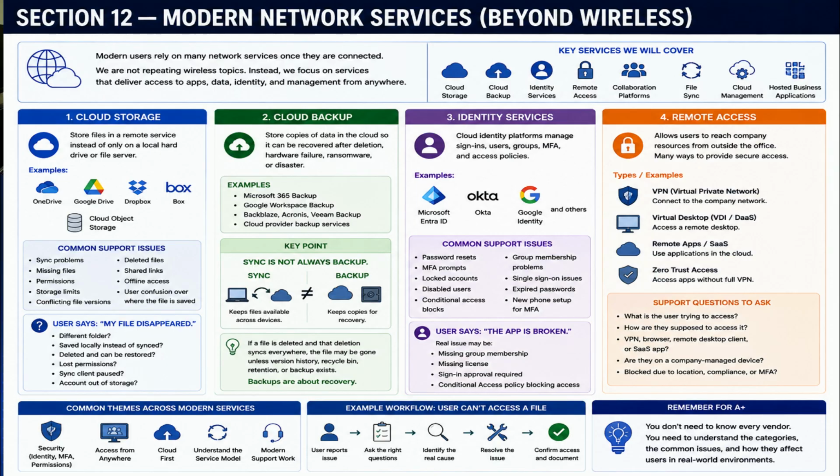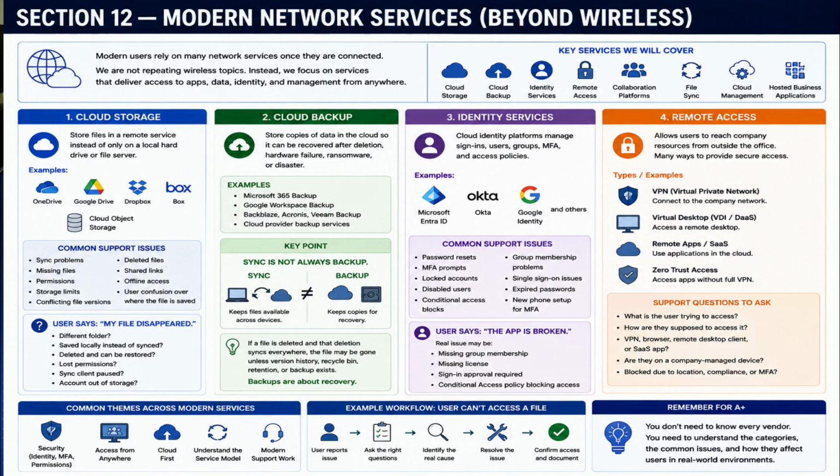Next up, let's talk about remote access. Remote access is what allows users to reach company resources from outside of the office. This may involve VPNs, virtual desktops, remote apps, zero trust access platforms, or cloud-native applications. The support question is, what is the user trying to access and how are they supposed to access it? Are they using a VPN? Are they using a browser?